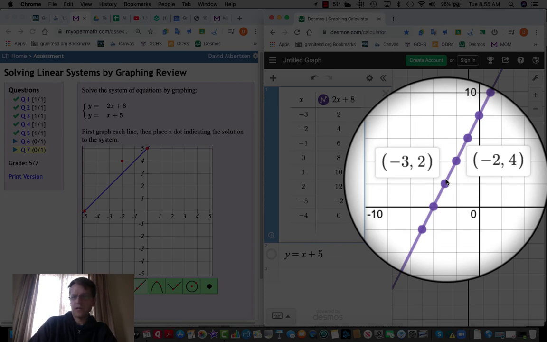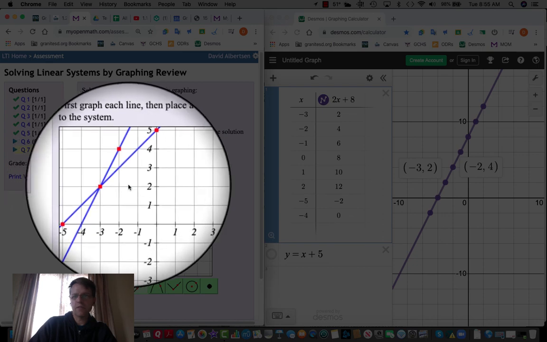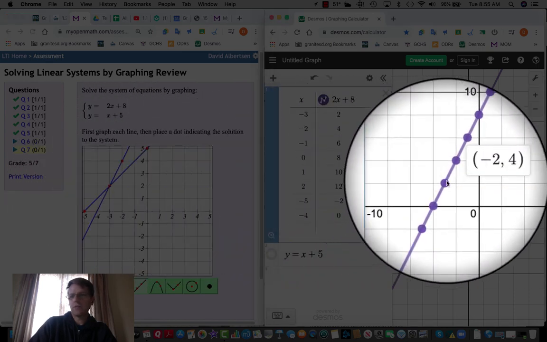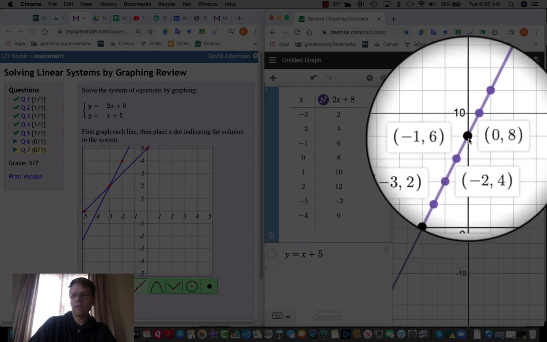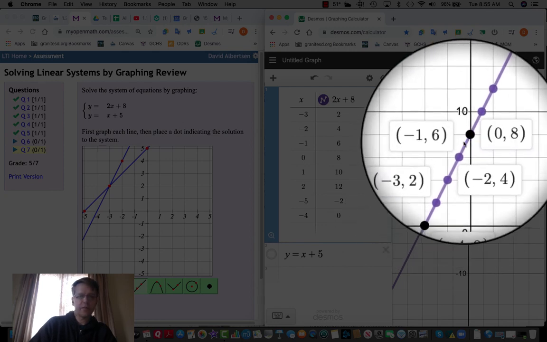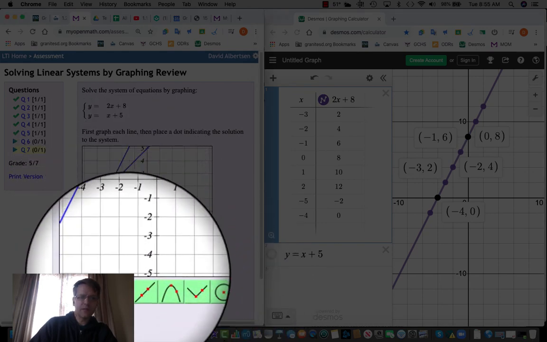So I have -2, 4. I already marked that one. And -3, 2. There we go. So -2, 4 and -3, 2. So once you get more dots out here, you can click on as many of them as you want and see where they should be. And then it says place a dot where the solution is.